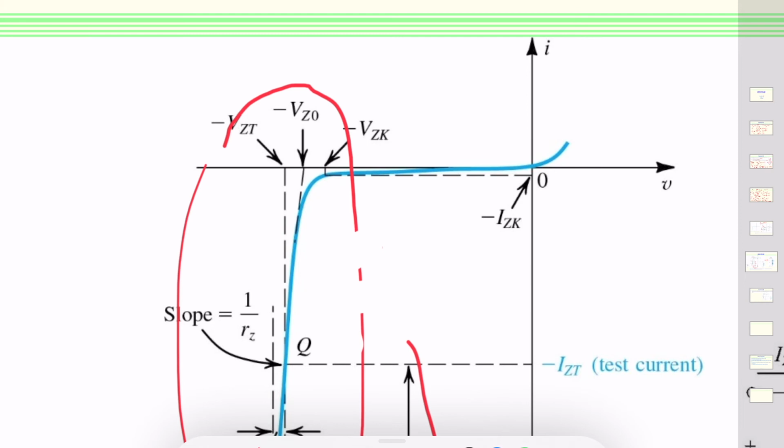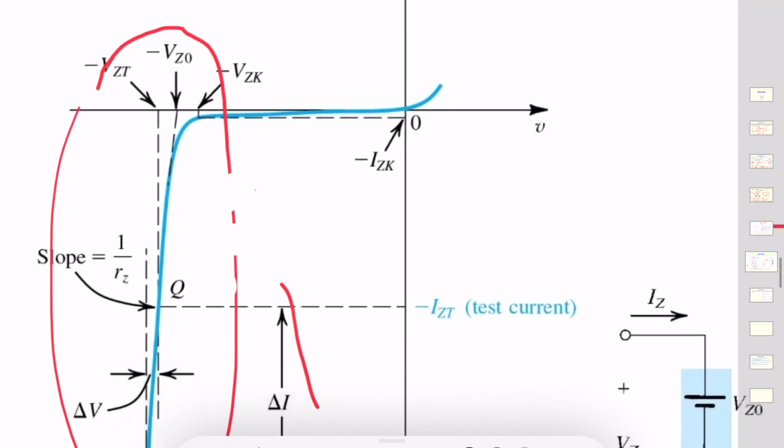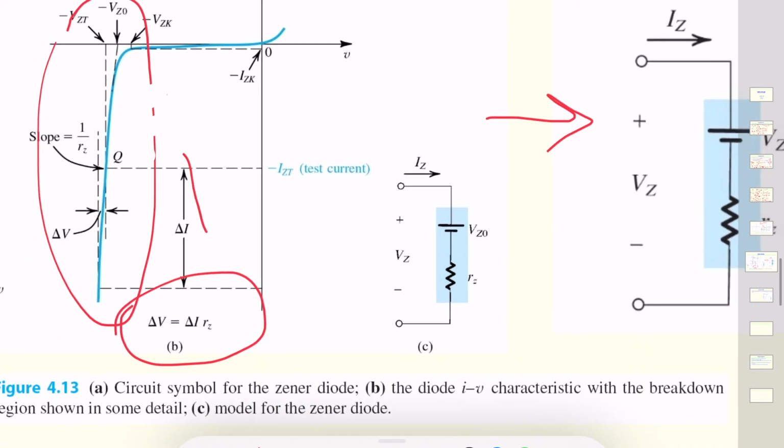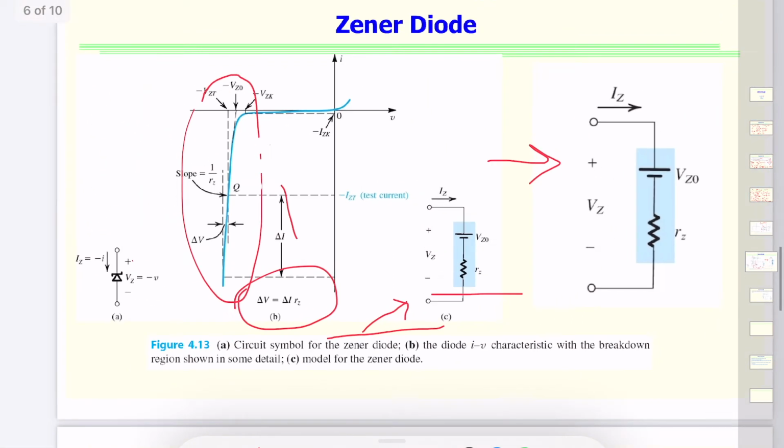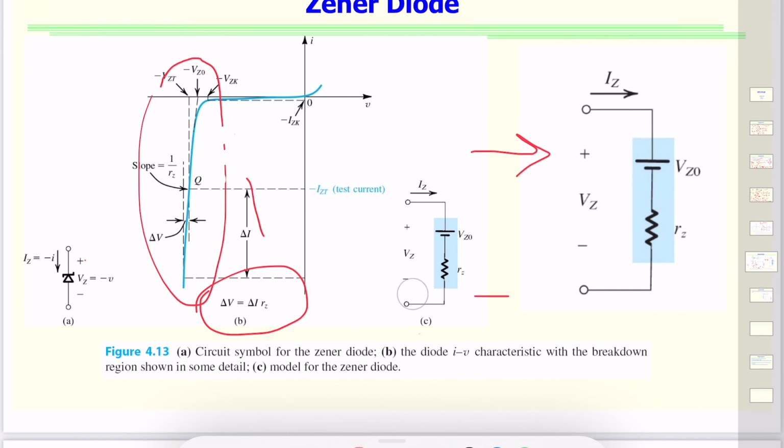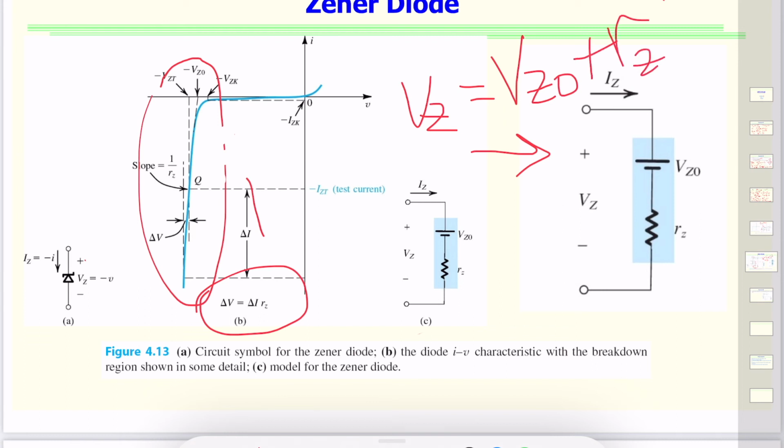So this value tells us another thing, that if I make an equivalent circuit model of this, this is just a bigger picture of the same thing, I can write it in a way where my Zener voltage is composed of VZ naught plus RZ IZ, the voltage drop that is actually happening around the Zener diode.